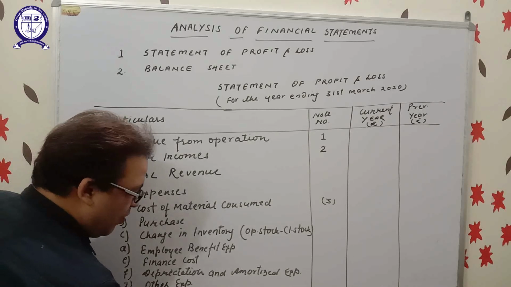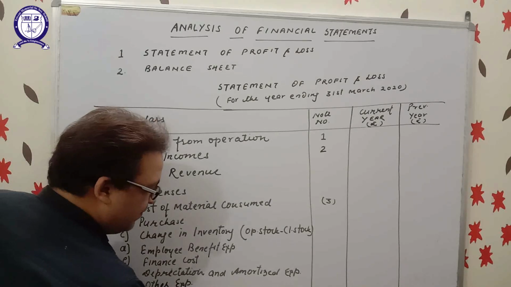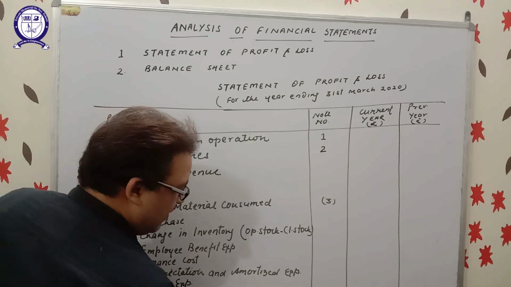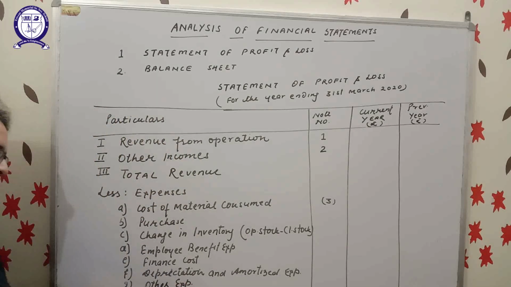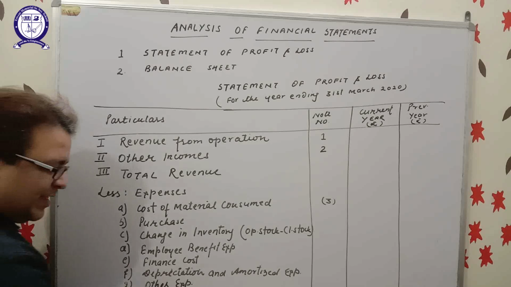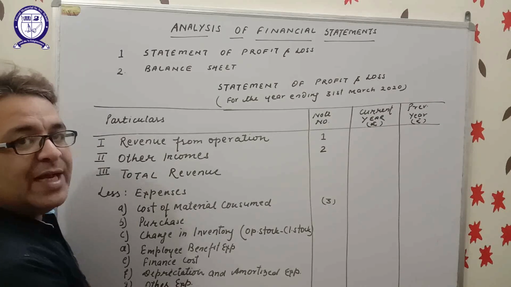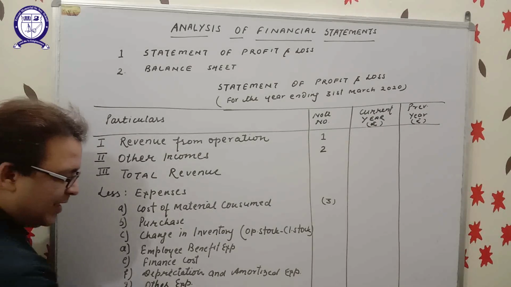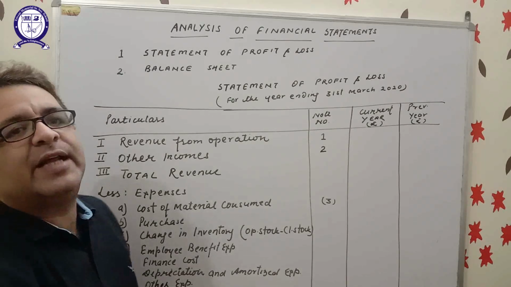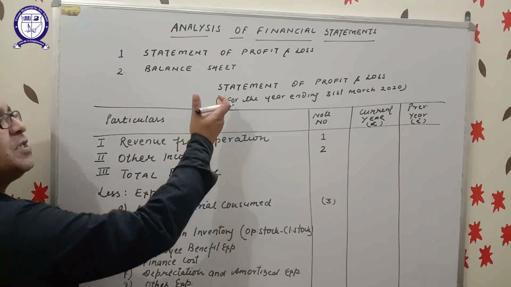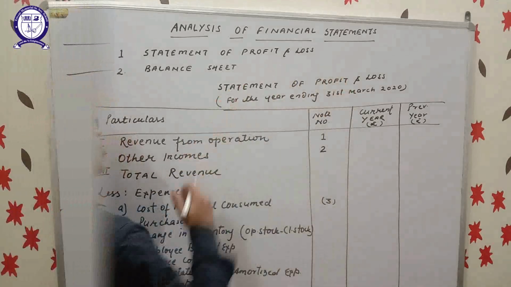At last, less tax. If the rate of tax is given, less tax, and the final result will be profit after tax. So this is the statement of profit and loss.